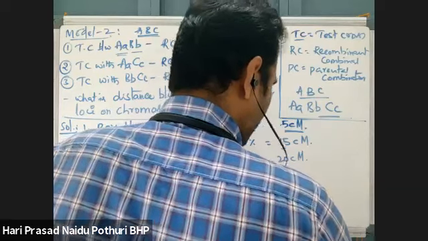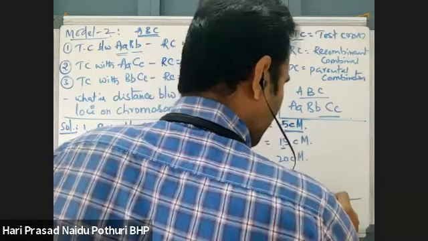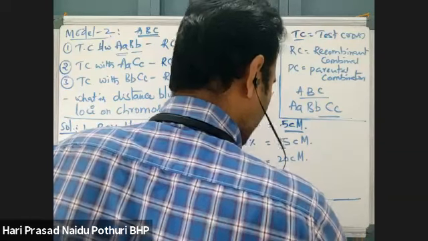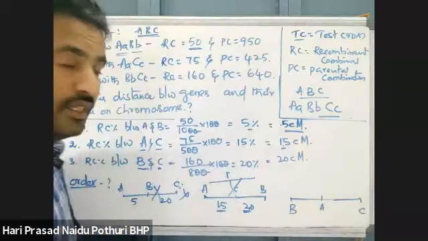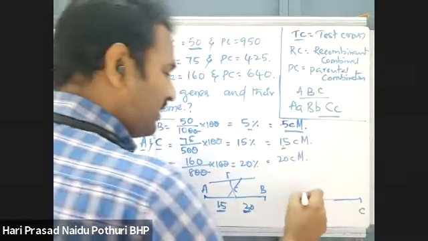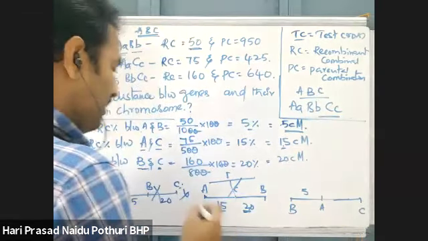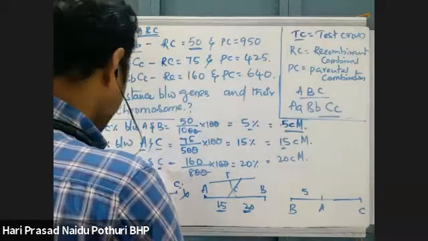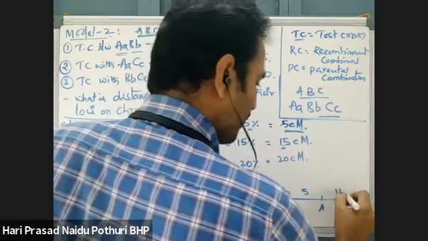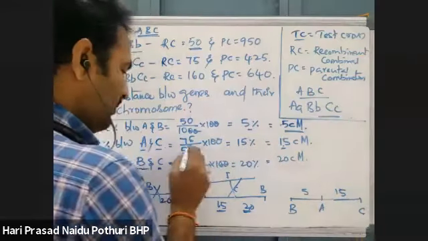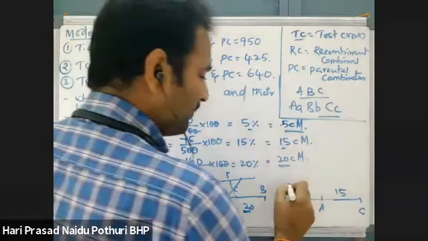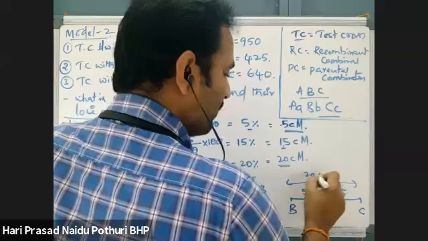Now, B, A, C. The distance between B and A is 5 centimorgans. The distance between A and C is 15 centimorgans. So the distance between B and C, what is it? 20. So this is correct.